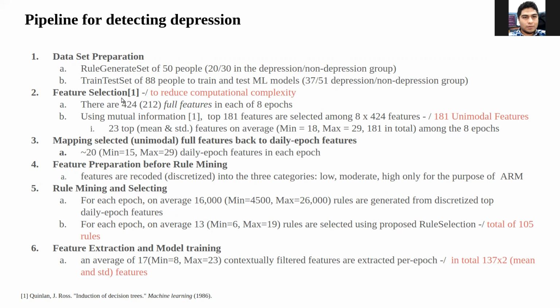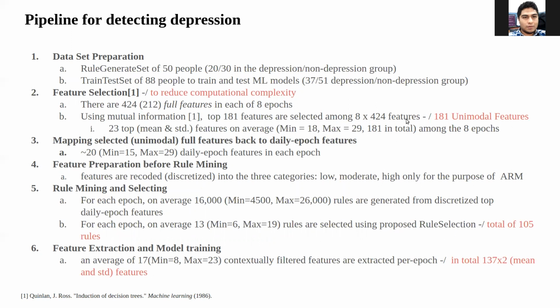Feature selection is applied to the full features because unimodal features are computed from full features, right? But the full features are too many. Like if you see here, 8 multiplied by 400 features are there.